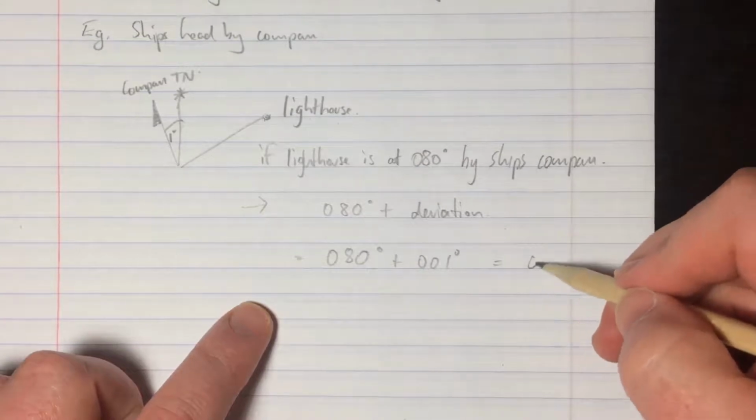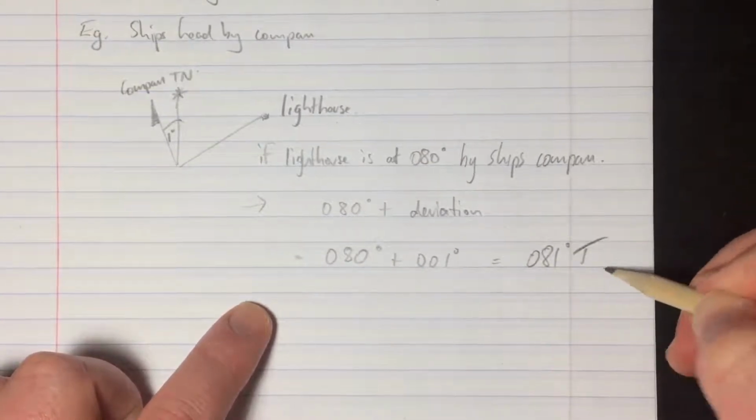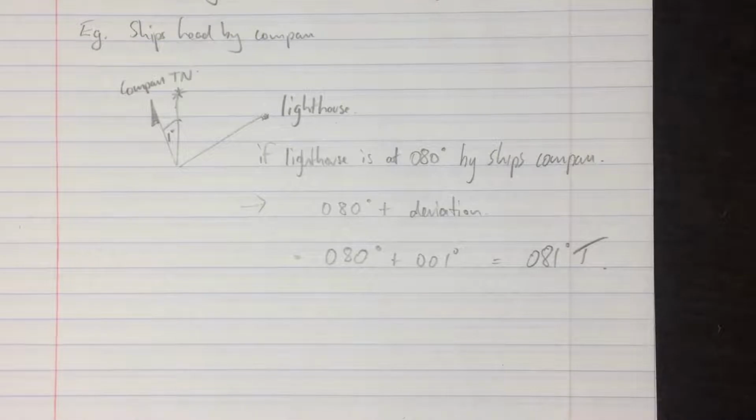So the true bearing will be 81 degrees true bearing.